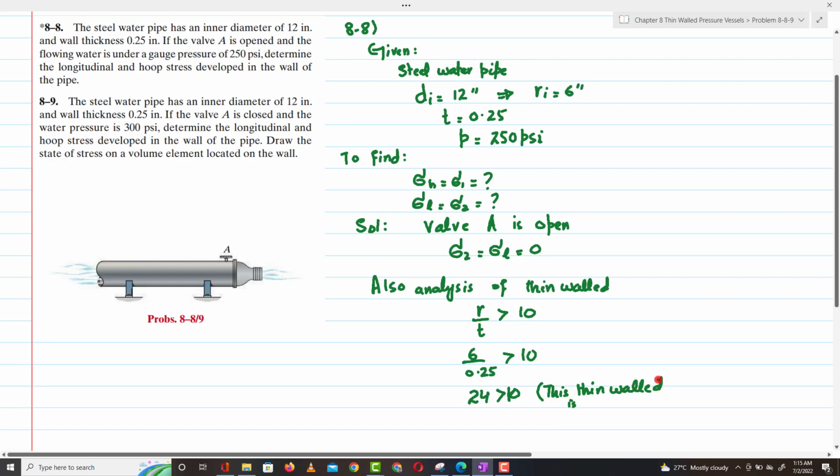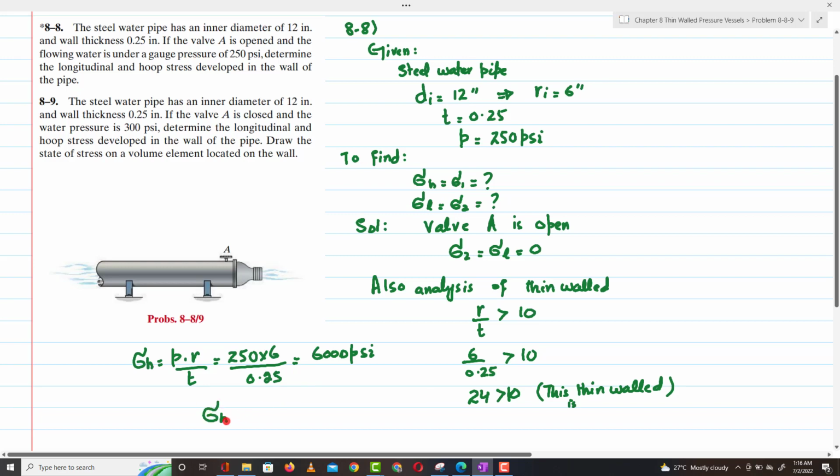Now we can find hoop stress sigma H, which is equal to P into R divided by T. So P is 250 psi, R is 6 inch, divided by thickness 0.25. When you calculate it, you will get 6000 psi.